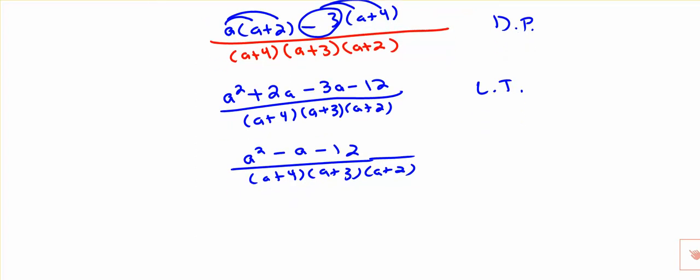And now we see if we can factor the numerator, which we can. We're trying to find factors of negative 12 that give us a sum of negative 1, which would be negative 4 and positive 3.